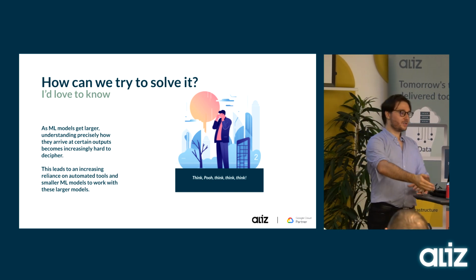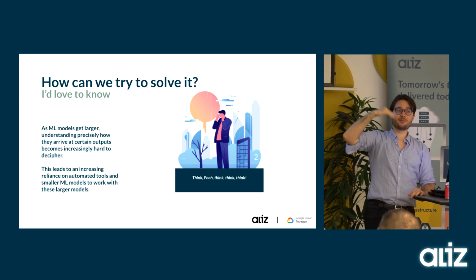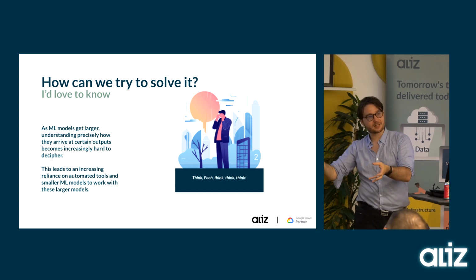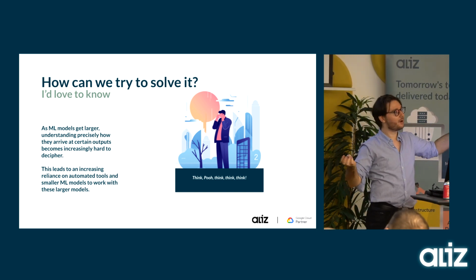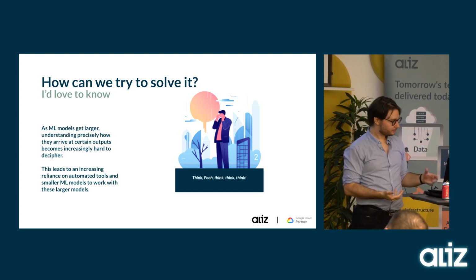It's become, we need more and more levels of these automated tools and machine learning tools to try to work with something that is just too complex. The search space is just too big for humans to understand and to work with.